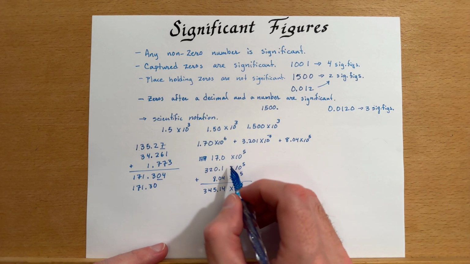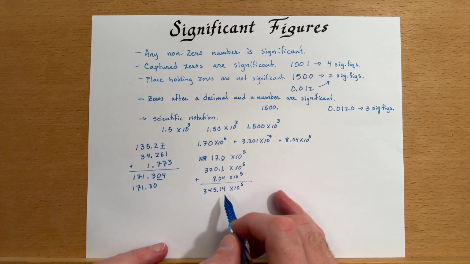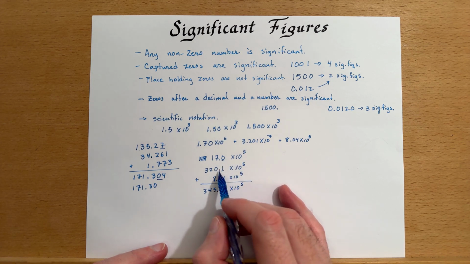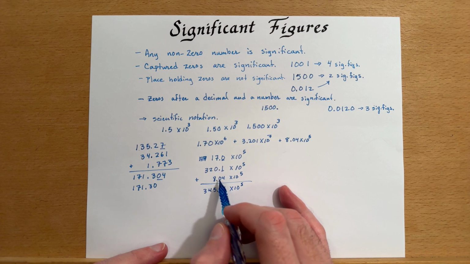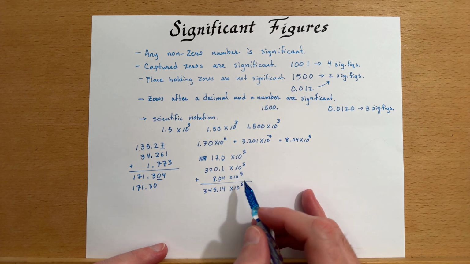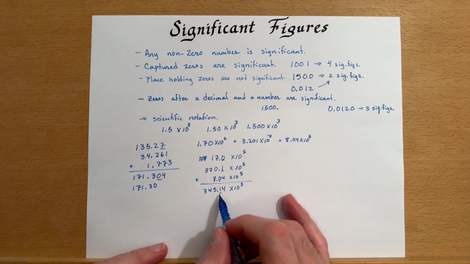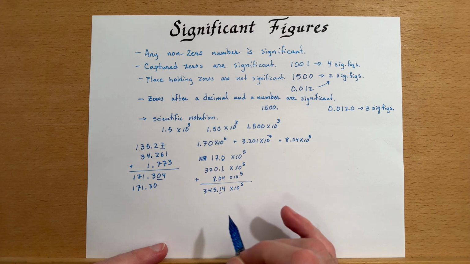And using this, I can determine that I get one additional digit after the decimal, assuming that all of these are written with the same exponent. And so I should round it off to this place right here, the first decimal point.